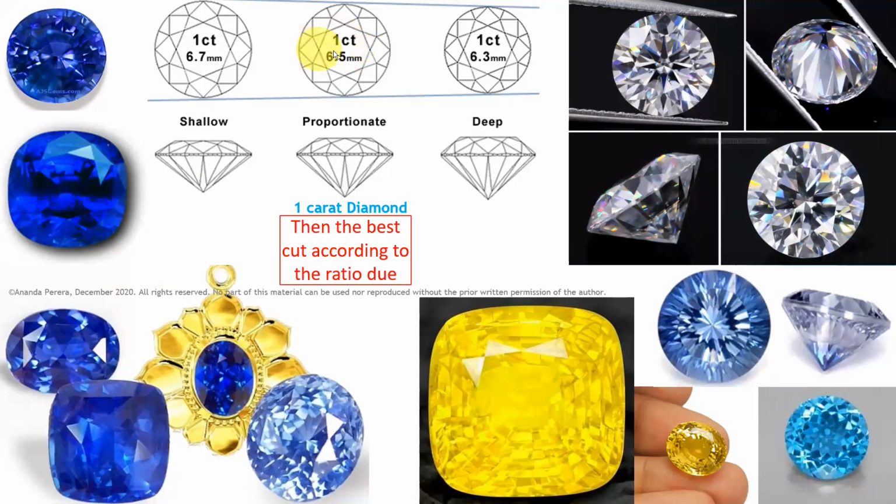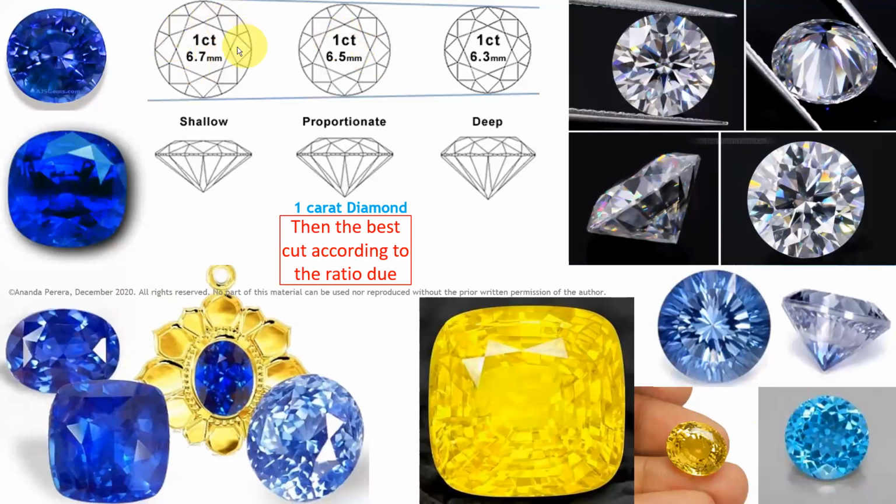So we can check the diameter of the diamond and tell whether it is 1 carat or lighter. So you have to understand well. The well cut 1 carat diamond diameter is 6.5. But here also 6.3.